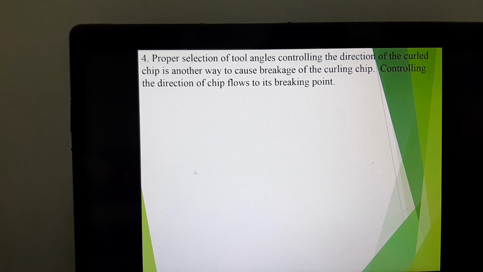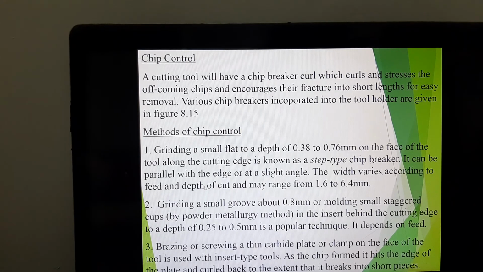What is a chip breaker? A chip breaker is installed in your cutting tool to make sure that as you cut, the chip has an obstacle. It's not going to be a smooth flow of chip, yeah? The chip is going to have an obstacle, and when there is an obstacle present, the chip will automatically fracture.